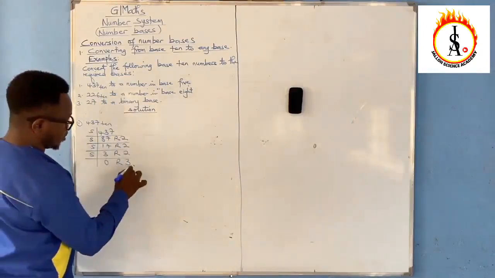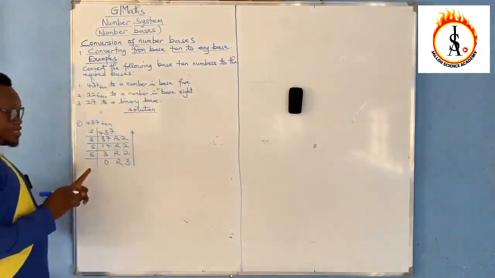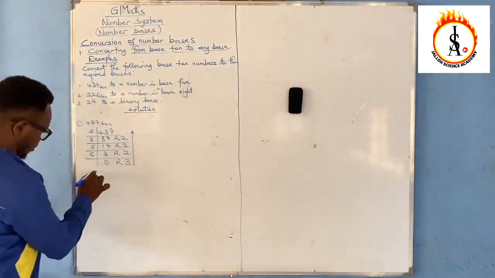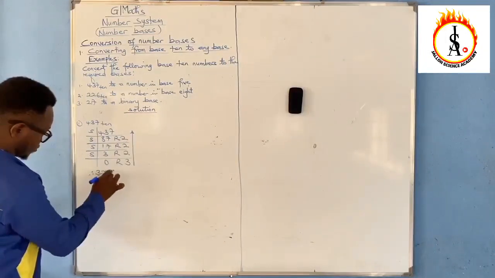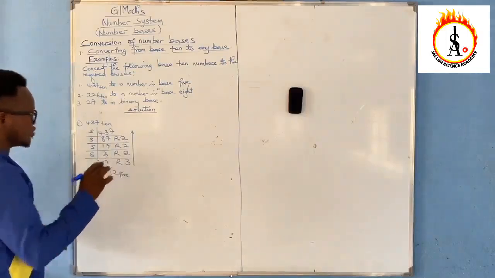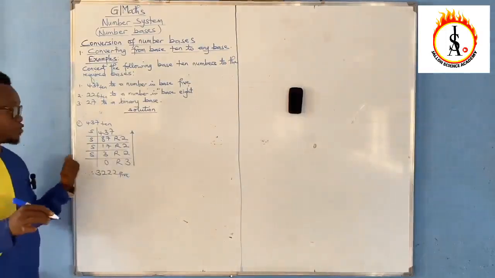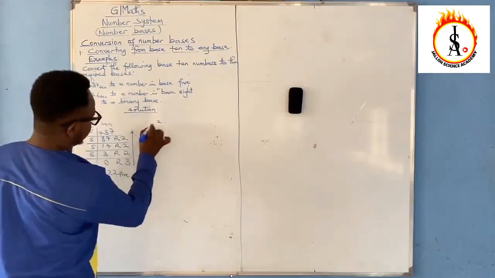So we indicate an arrow pointing from bottom to top. Our answer, therefore, is 3, 2, 2, 2, 2, and the base we have is a base of 5. So this becomes our answer for the first example. We look at the second example.